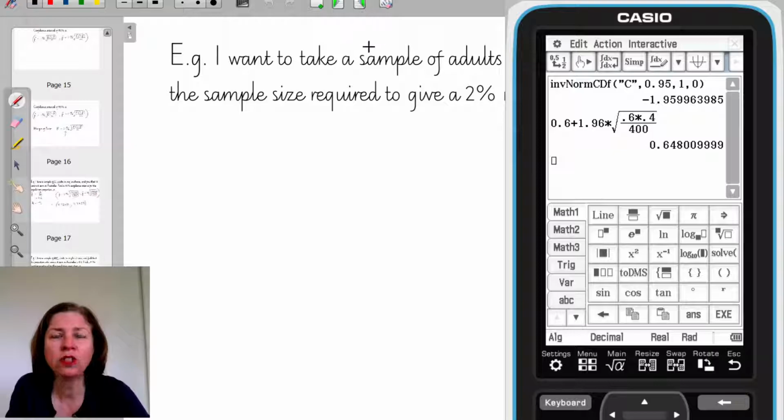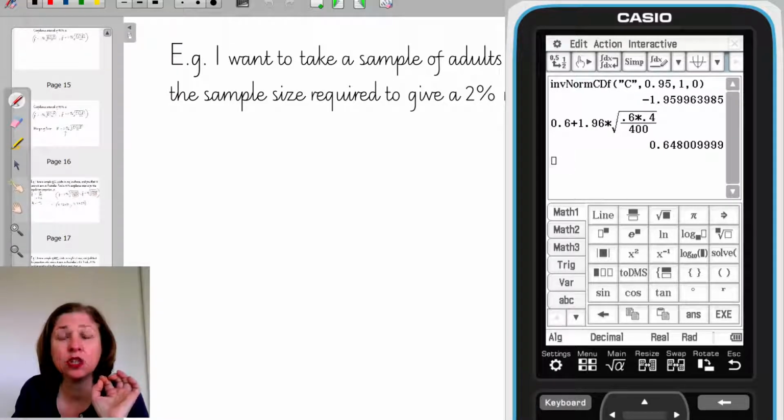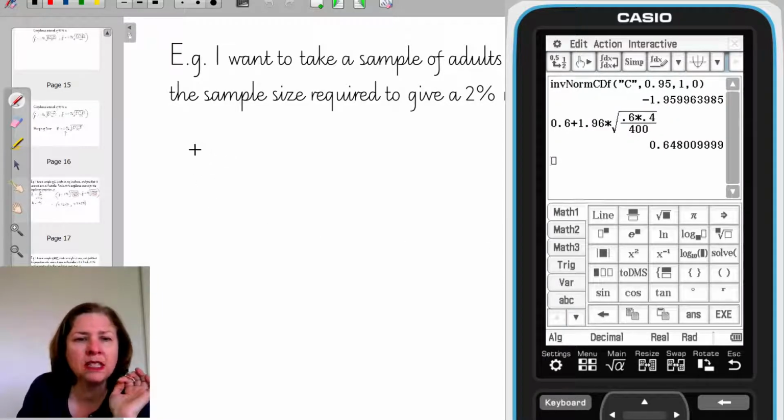what if I don't know what sample size to choose, but I'm aiming for a particular margin of error? So what that means is I want my margin of error to be 2%. So I want this part to be 2%.